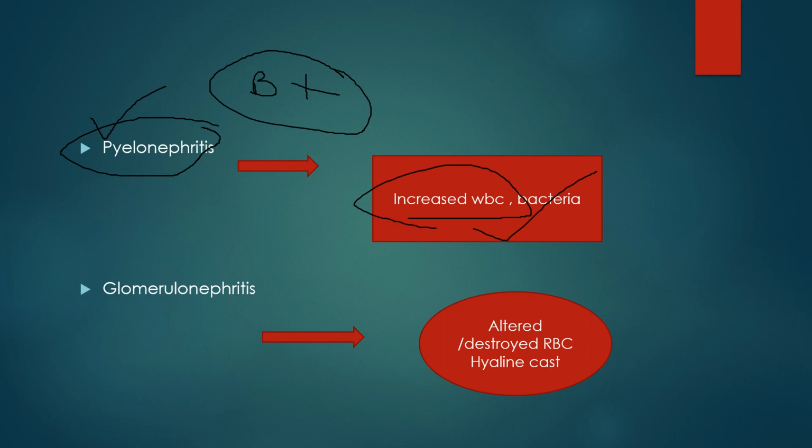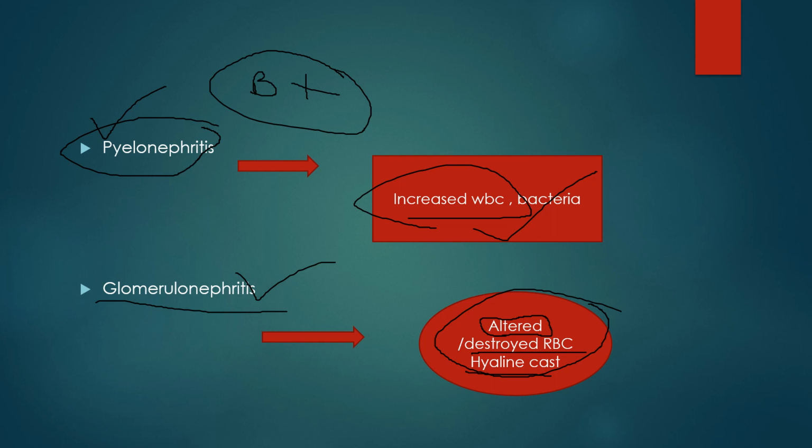Next is glomerulonephritis. When can we say the patient is suffering from glomerulonephritis? When on the analysis we can see altered RBCs, meaning changed or destroyed RBCs, or we can see the presence of hyaline cast. These symptoms indicate glomerulonephritis. How will we differentiate between pyelonephritis and glomerulonephritis?